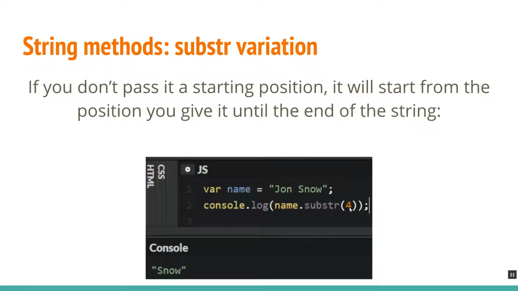If you don't pass it the 2 numbers, it's going to automatically assume that the number you put in here is where you want it to start. So it's going to start at 4 and then go to the very end. It just so happens in this example that the last 4 characters also are snow. But this is actually the 4 for the position of where it should start with the substring.